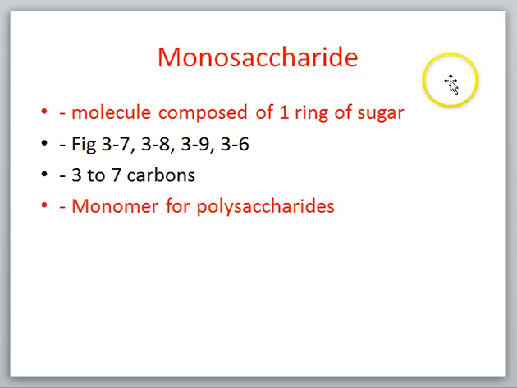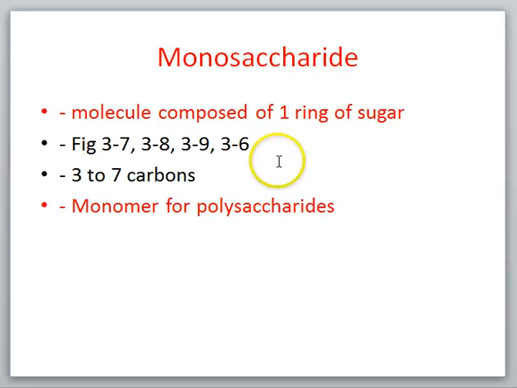And you ought to pretty quickly come up with the idea, monosaccharide would be the smallest molecule. Mono means 1, di means 2, poly means many. Saccharide is sugar. So, monosaccharide is a molecule composed of 1 ring of sugar. Disaccharide, composed of 2 rings of sugar, and a polysaccharide molecule that is composed of many rings of sugar.